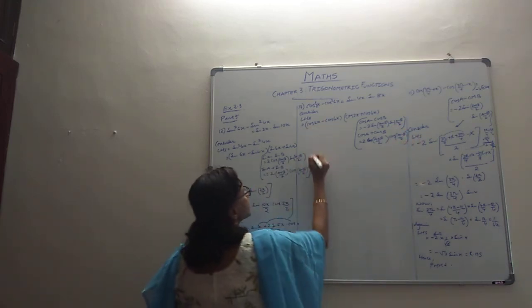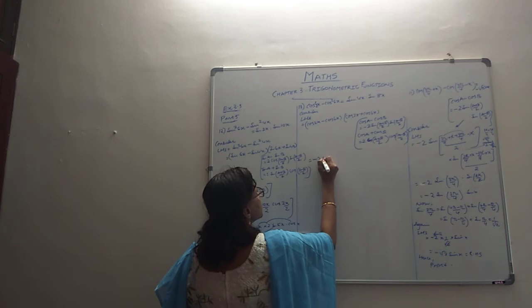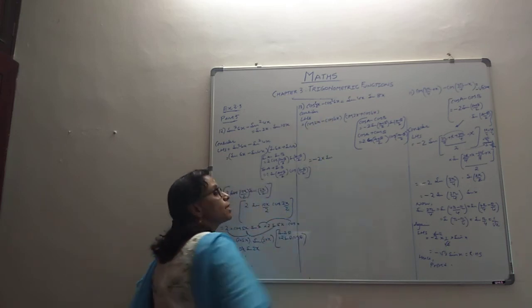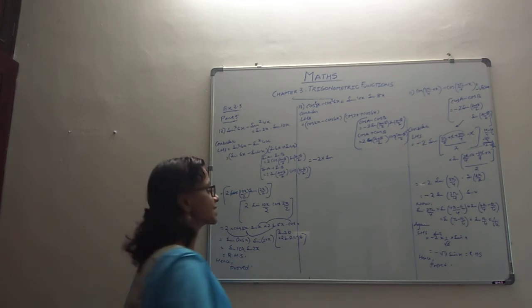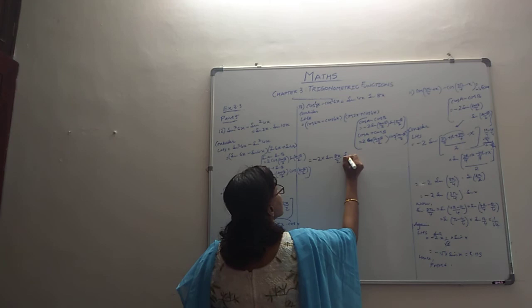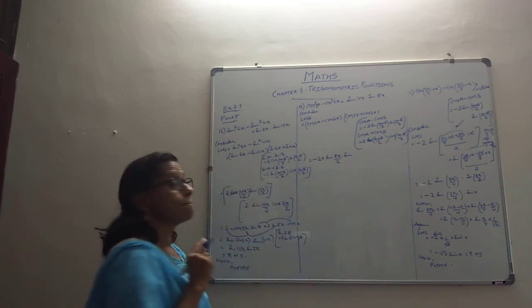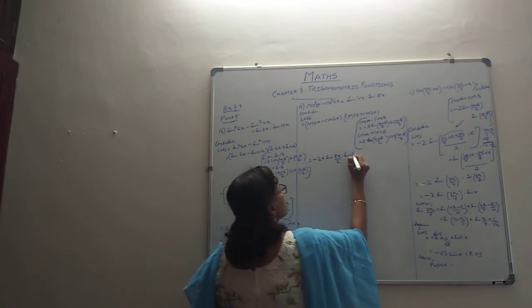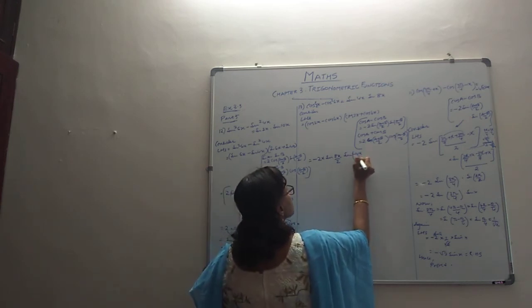Here we will get minus 2 into sin of (A plus B), 2x plus 6x is 8x, so 8x by 2, sin of 2x minus 6x is minus 4x, so minus 4x by 2.